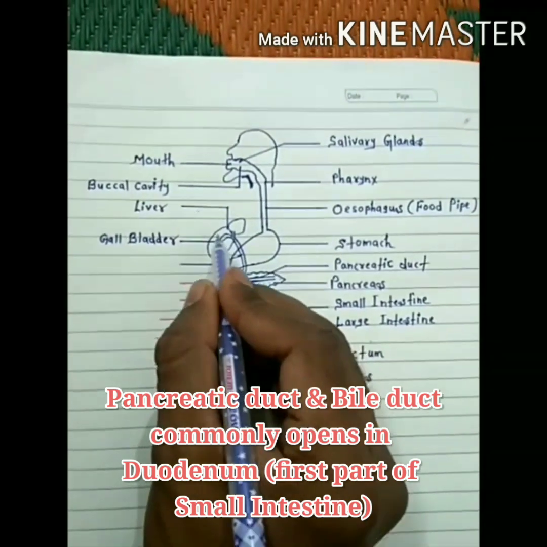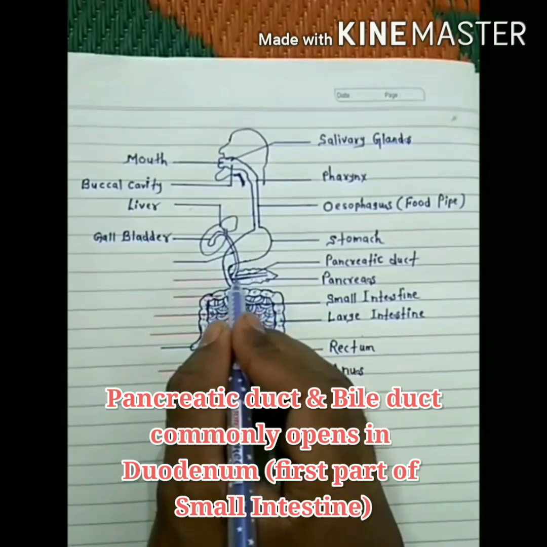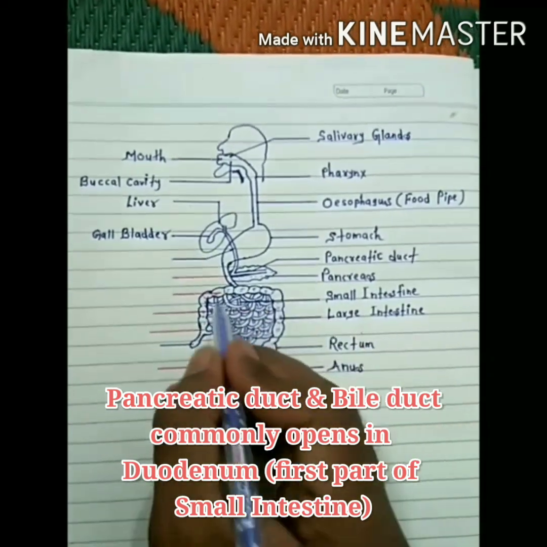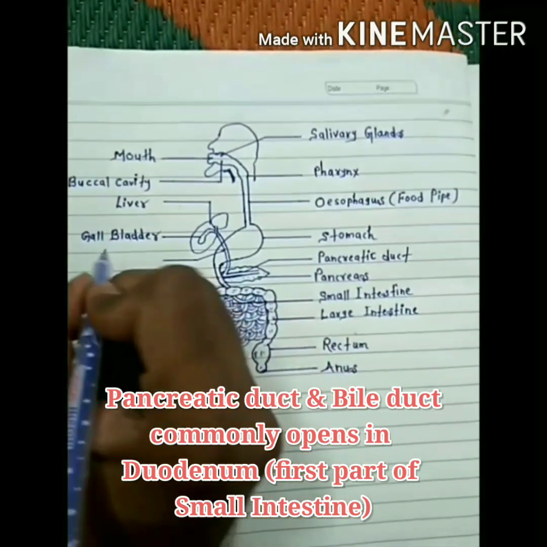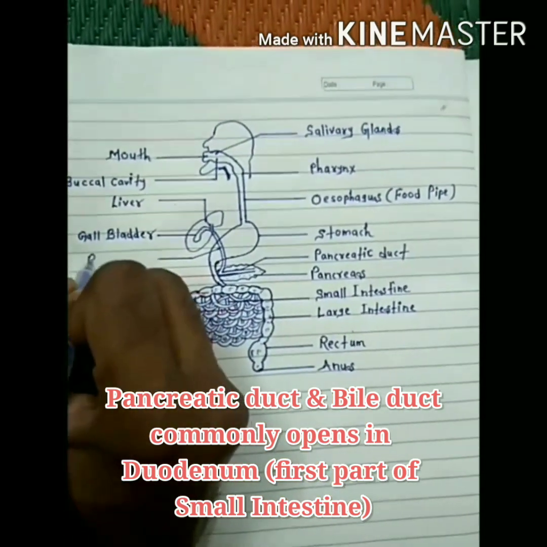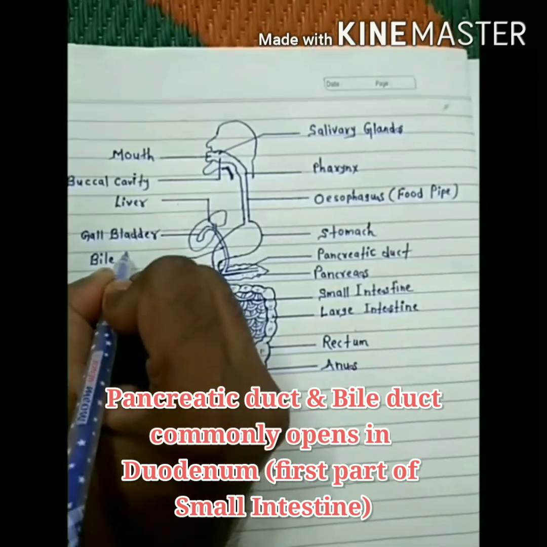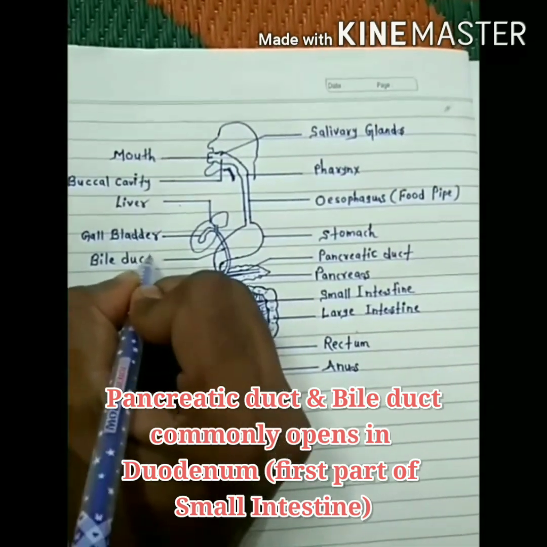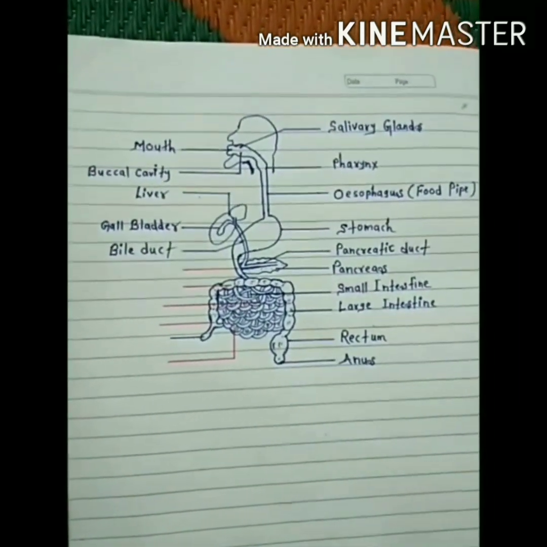So we must learn all these things. You can see here bile duct और pancreatic duct कैसे आपस में एक जगह पर common opening दे रही हैं. And thereafter, I am going to write here bile duct. This is the duct which leads the bile juice from the gallbladder into the small intestine.